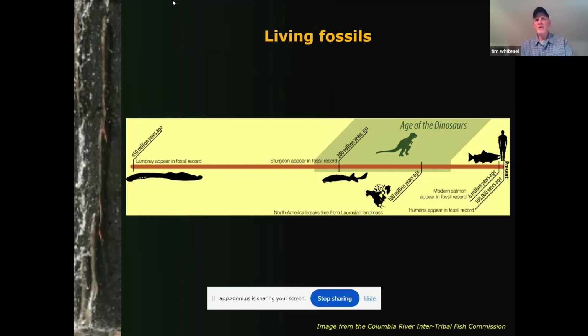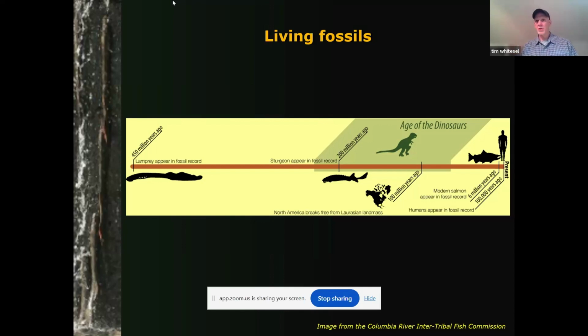Some folks may have seen many of these slides before, but in this case, we think of lamprey as living fossils. What you see in this slide is a timeline with lamprey on the far left. They show up in the fossil record about 450 million years ago. So they've been around for a long time. For context, if you go to the right on that red timeline, you see that dinosaurs first appeared in the fossil record about 250 million years ago.